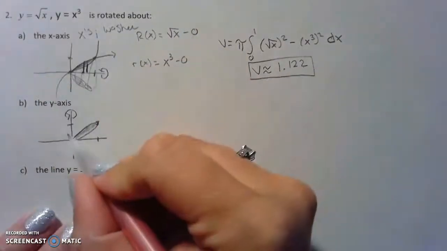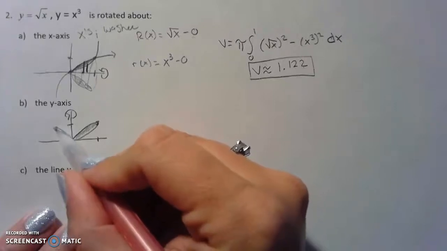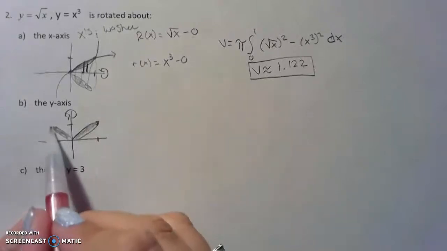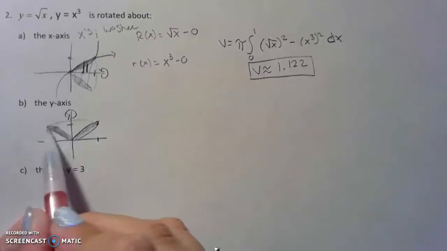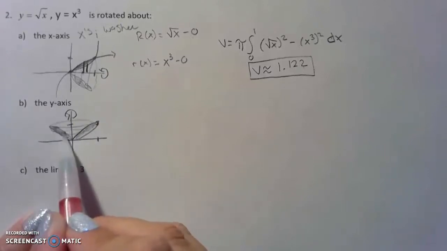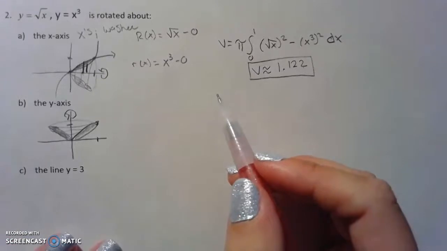So my visual people, it's going to look similar to the last one that we did. Pardon the not so great drawing. It's going to look like this. So similar to the last one except turned sideways.